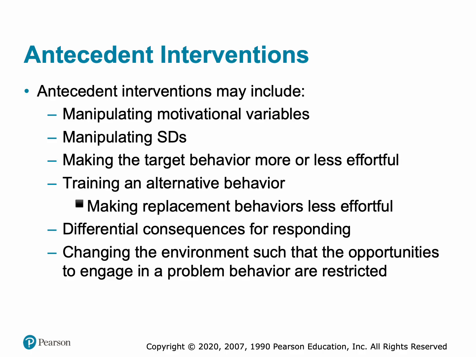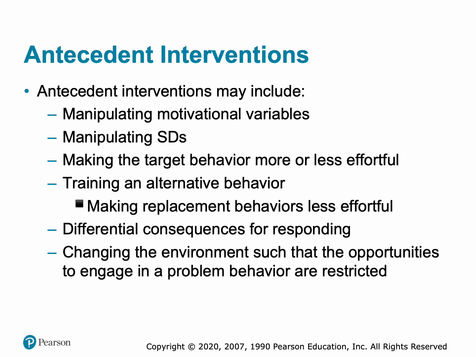Antecedent interventions or manipulations can be done in different ways. As I just mentioned in the previous slide, two of those ways could be manipulating motivational variables or manipulating SDs, or we can try to reduce setting events. We can also try to make the target behavior more or less effortful, and which direction we choose is going to depend on the target behavior itself. We can also try to train an alternative behavior.